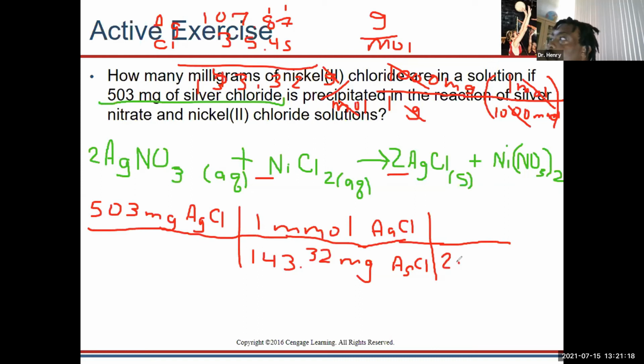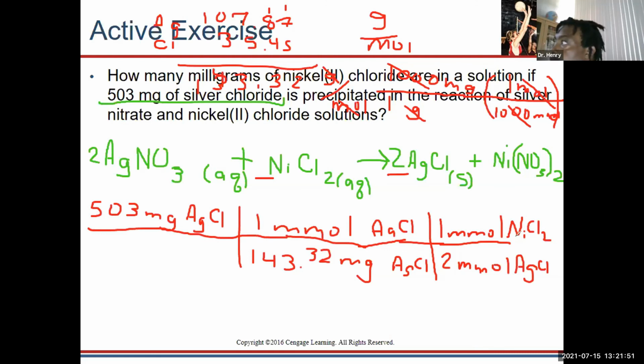So then that'll be 2 millimoles of AgCl. And that's going to be 1 millimole of nickel 2 chloride. Okay.